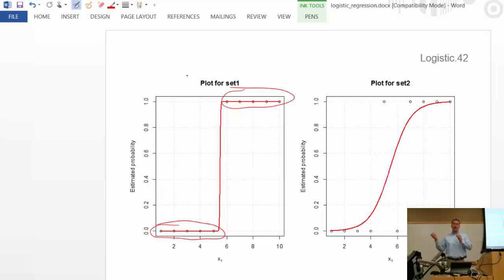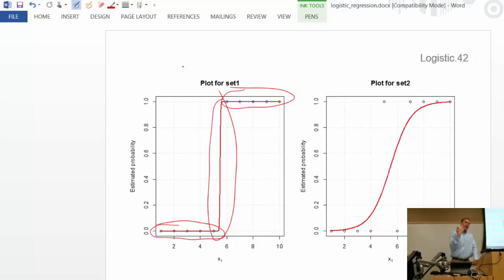The problem, so that's good, but the problem is you're not going to be able to get a model using regular old logistic regression. Because you can see, I plotted what the model is at, let's say, the last iteration. You can see that the slope of that line where I circled it is essentially infinity. And that's the problem. So it's both good and bad, complete separation.